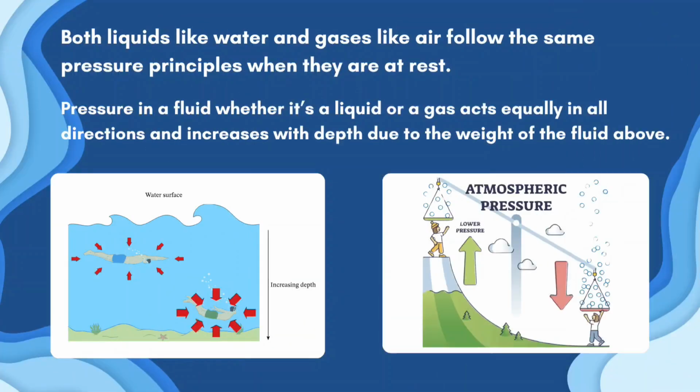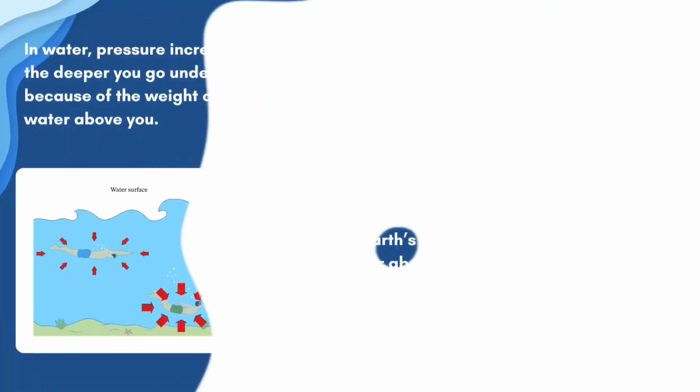Note that the principles we've discussed apply to both liquids and gases. So both liquids like water and gases like air follow the same pressure principles when they are at rest. This means that pressure in a fluid, whether it's a liquid or a gas, acts equally in all directions and increases with depth due to the weight of the fluid above it.